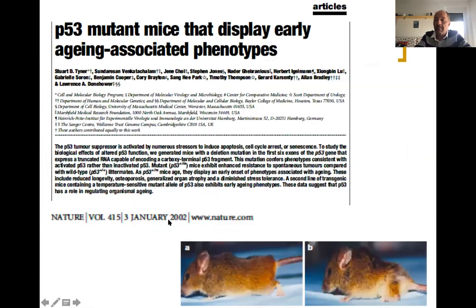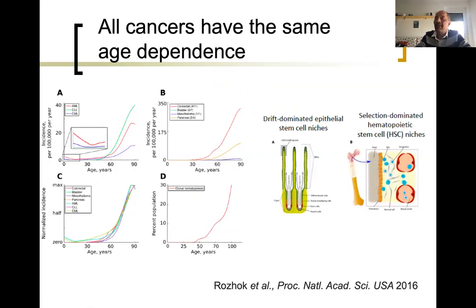True. But now let's take again the different tissues with different capability, and let's see not the total amount of cancers, but the age dependence of the cancers.